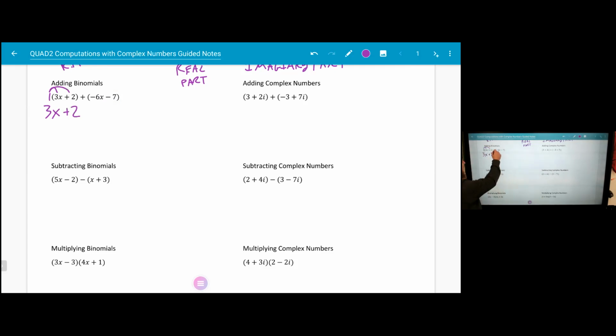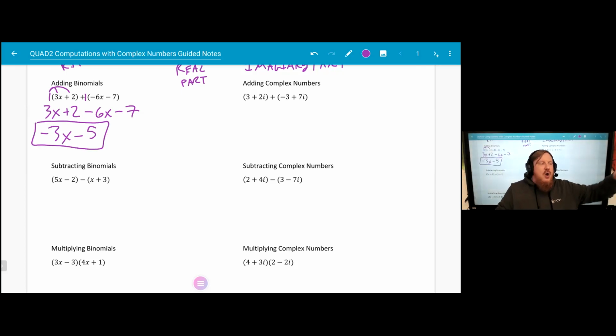Plus, and again, this is just like 1 times that, so you could write plus -6x or minus 6x, and then minus 7, right? These things don't change. And then as I look through this, I'm going, hey, wait a second here. I can simplify some more because I've got two terms that have x's and two terms that are just numbers. This is like -3x minus 5. And that's it. That's how you add the binomials.